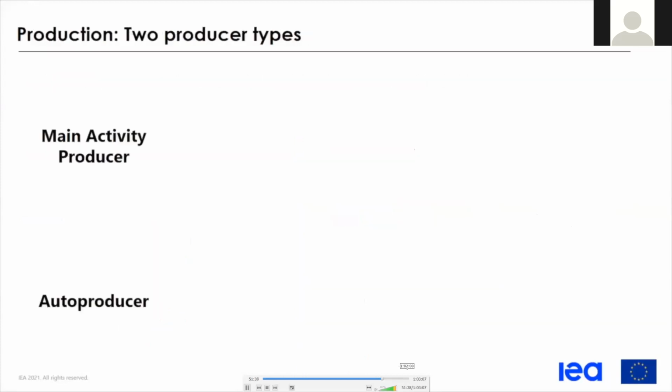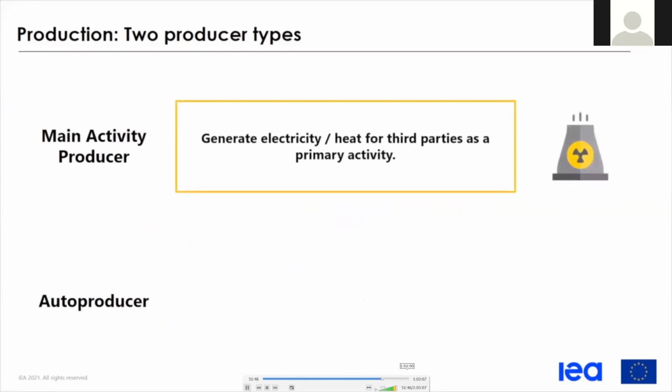Now, some other distinctions we can make in the electricity data are the type of producers. You can have main activity producers, for whom the generation of electricity or heat and the sale of this production to third parties is their primary activity. So most of the time, those are plants like nuclear plants, thermal plants, natural gas electricity plants, for which the sole objective is to sell the electricity or heat generated.